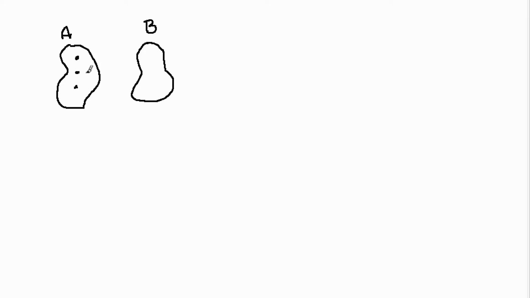Okay, so again, let's consider, here's a set A, and here's a set B, and let's consider a function from A to B. And let's draw some lines. So I come over here and I draw a line, and let's come up here and we'll draw that one. And we'll draw that one.